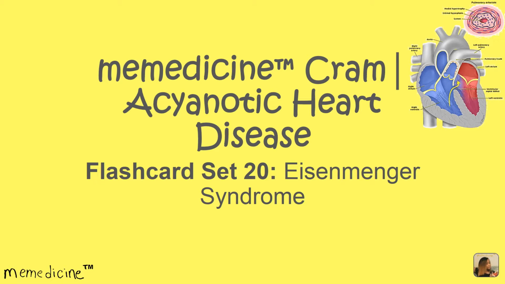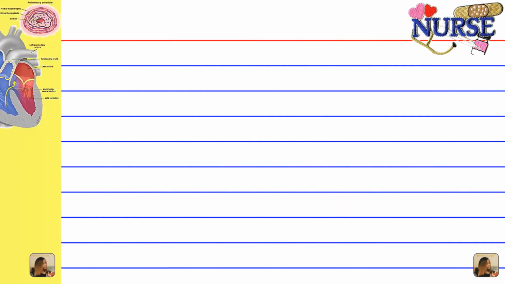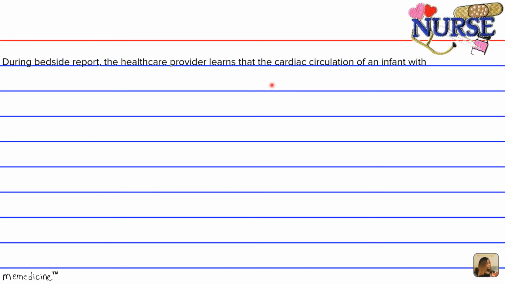All right, this deck of cards can be used for review for the National Council Licensure Examination. During a bedside report, the healthcare provider learns that the cardiac circulation of an infant with Eisenmenger syndrome is shunting from right to left, as we previously just saw, okay?